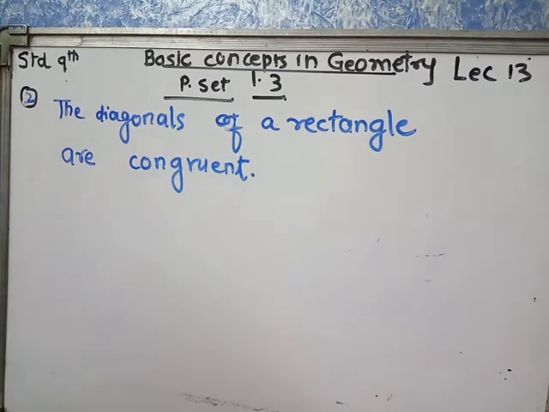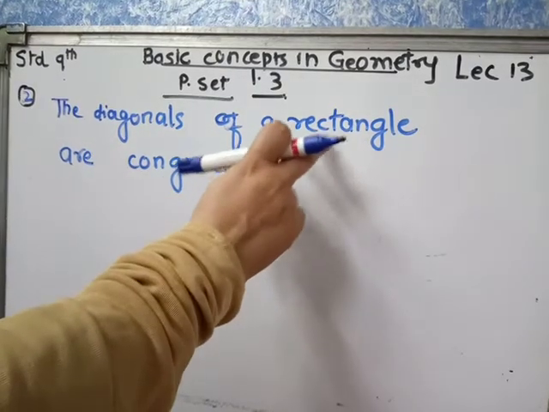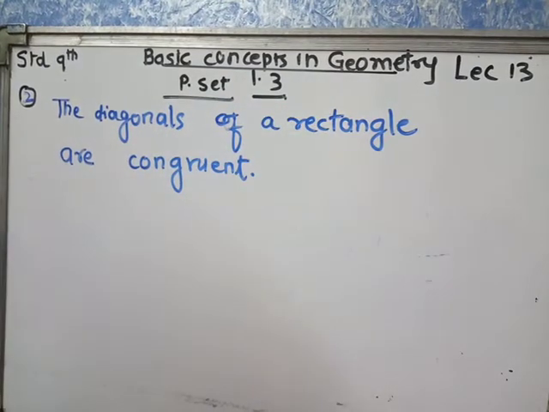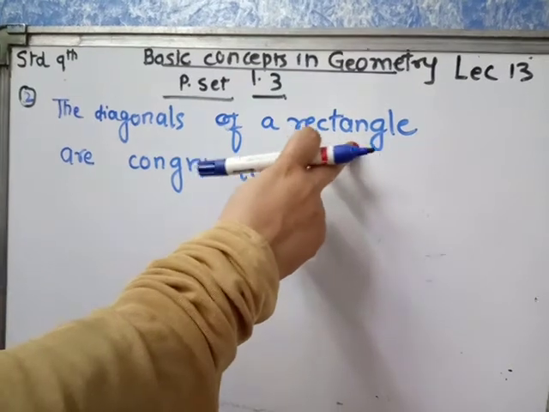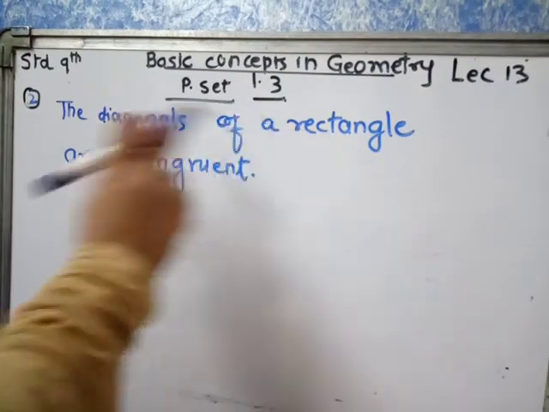This is a simple statement. It contains two parts. If the given quadrilateral is a rectangle, then its diagonals are congruent.